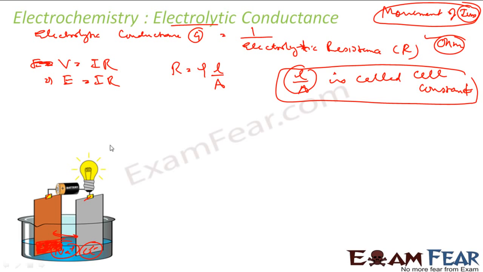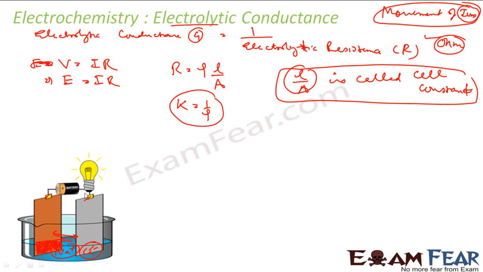The other formula which we studied was kappa is equal to 1 by rho. This is also true here. Please note, pure water will have very, very low conductivity. The bulb may not glow, but if we dissolve electrolytes in it, for example NaCl, the bulb will glow. The conductivity increases.